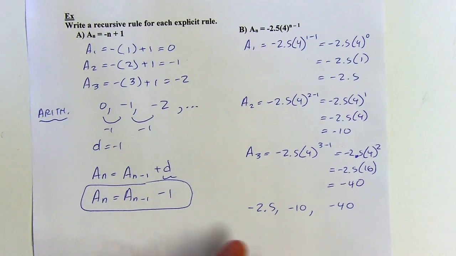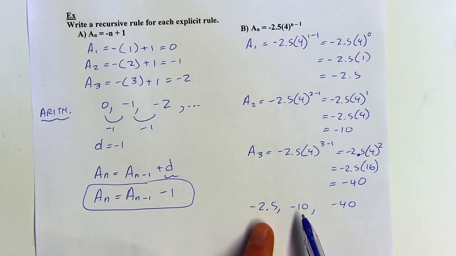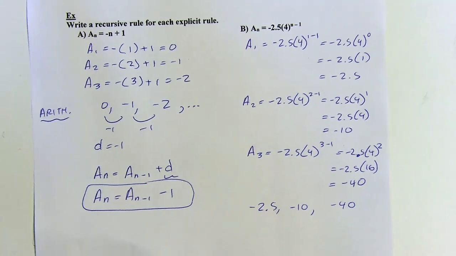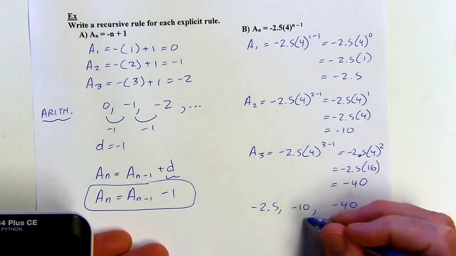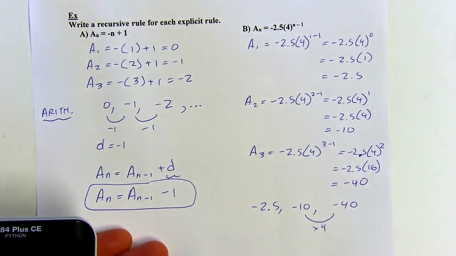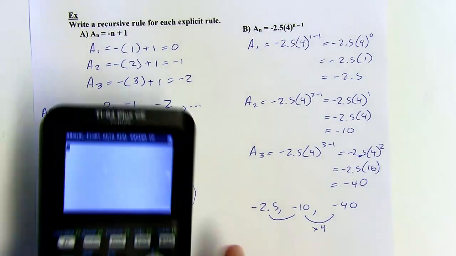Okay, and so I've got a way bigger gap between negative 10 and negative 40 than I do between these two. So it's not going to be adding. I'm not going to be adding the same thing. So let's look at multiplication then. Okay, so negative 10 times something equals negative 40. Well, I know that's going to be 4. Right? Negative 10 times 4 is negative 40. So let's see if that works with the negative 2.5.